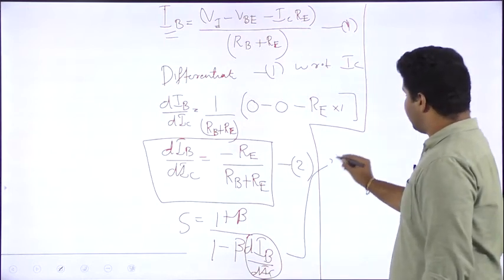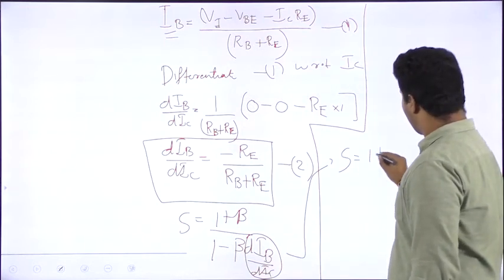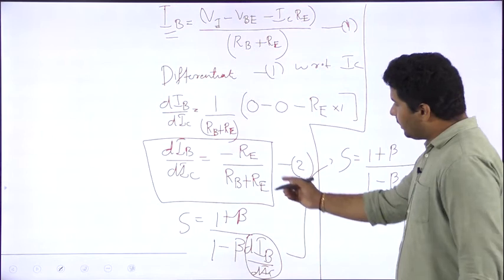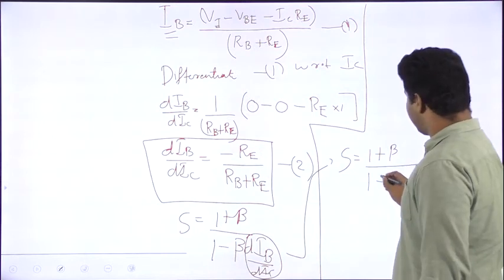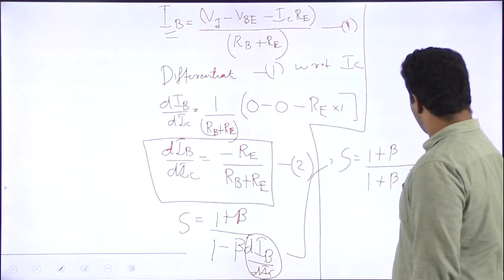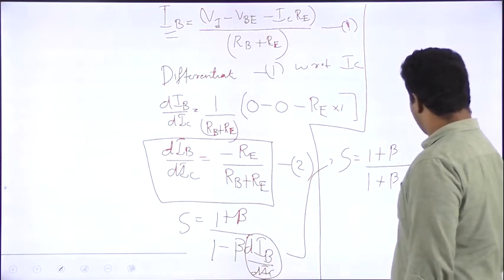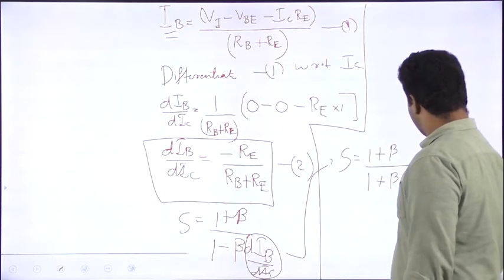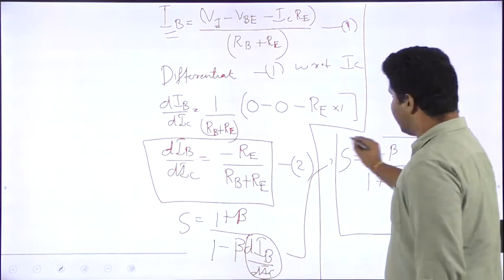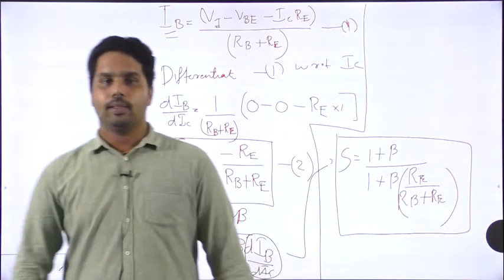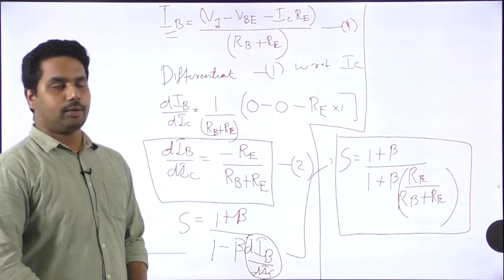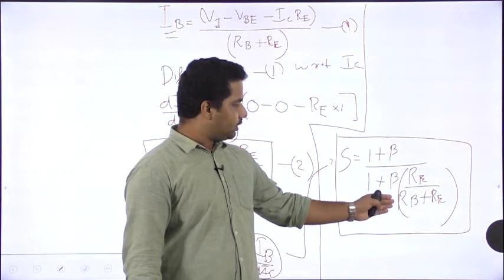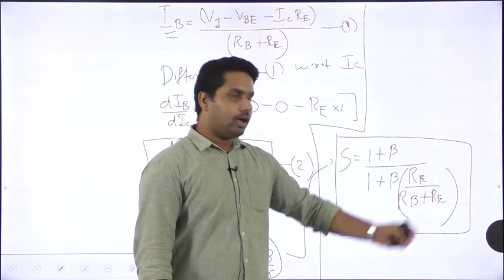Finally, stability factor S is equal to 1 plus beta divided by 1 minus beta into this minus RE, minus is there, no? So minus minus will be plus. So beta into RE divided by RB plus RE. So this is the stability factor for your potential divider or voltage divider biasing. S is equal to 1 plus beta divided by 1 plus beta into RE divided by RB plus RE.